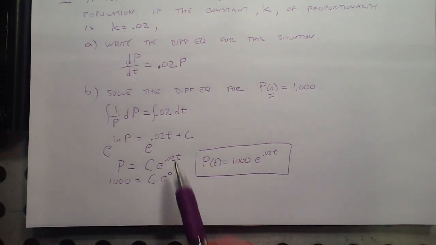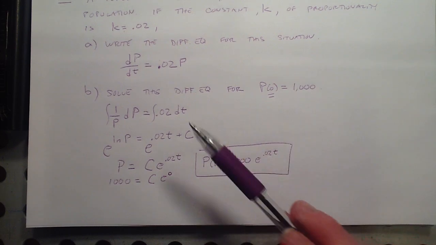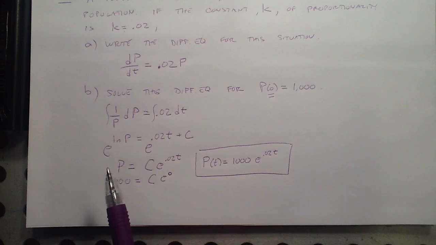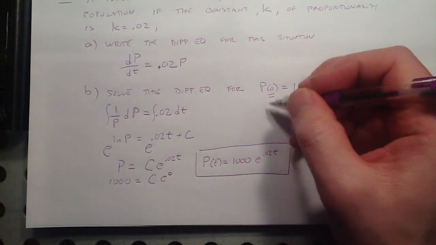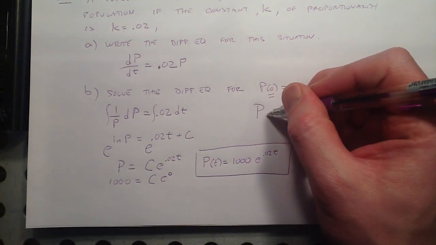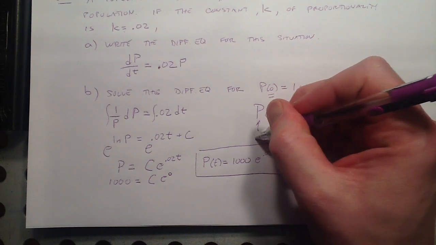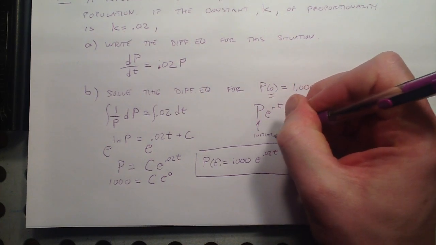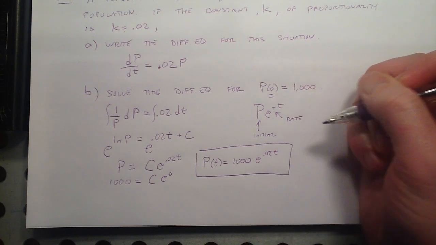Now look, we got that result using calculus, but I'd just like to point out that if you remember the Pert formula and you recognize that this is exponential growth, you can make short work of this problem. If you say, hey, wait a second, this is a Pert problem, in other words, P e to the rt, where this is the initial amount and this is the rate that it's growing at.